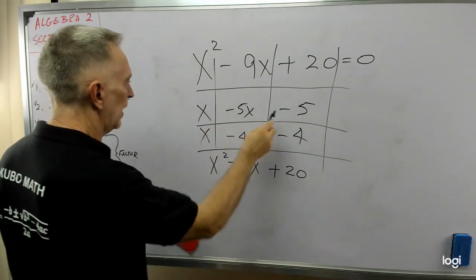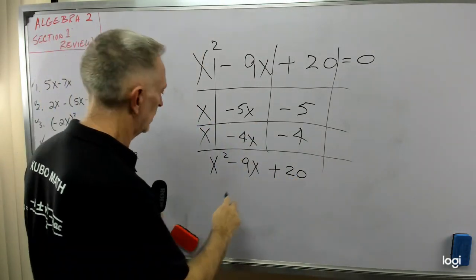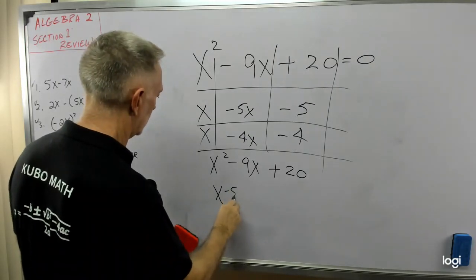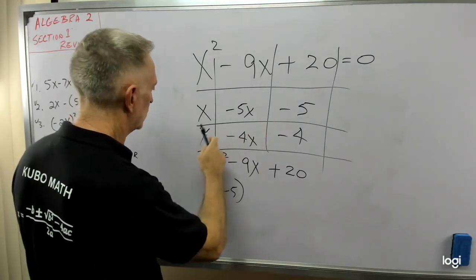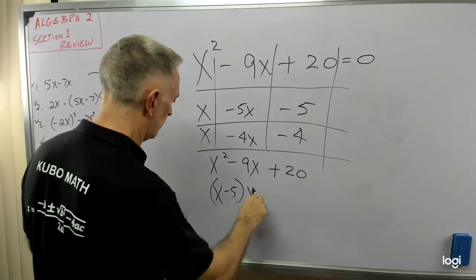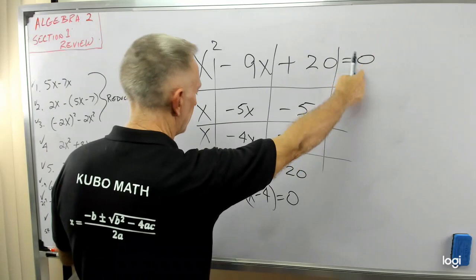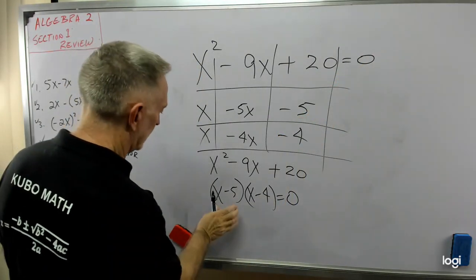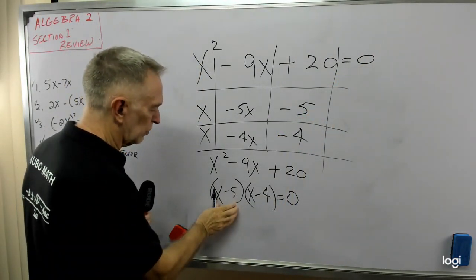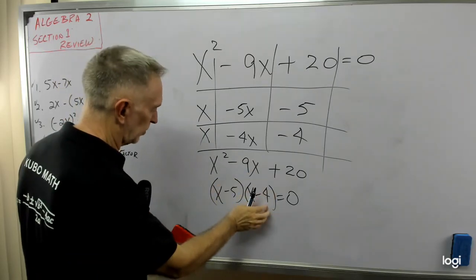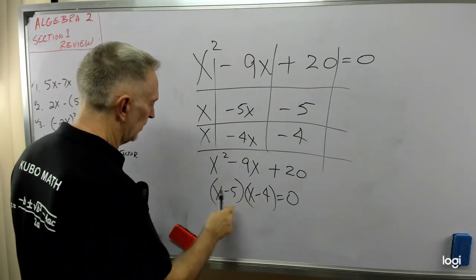So I have x minus 5 times x minus 4, and that equals 0. So that means this parentheses can equal 0, or this parentheses can equal 0.